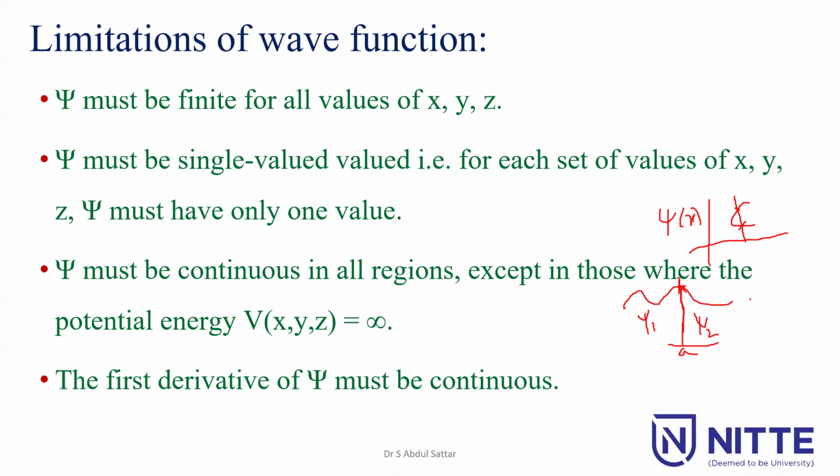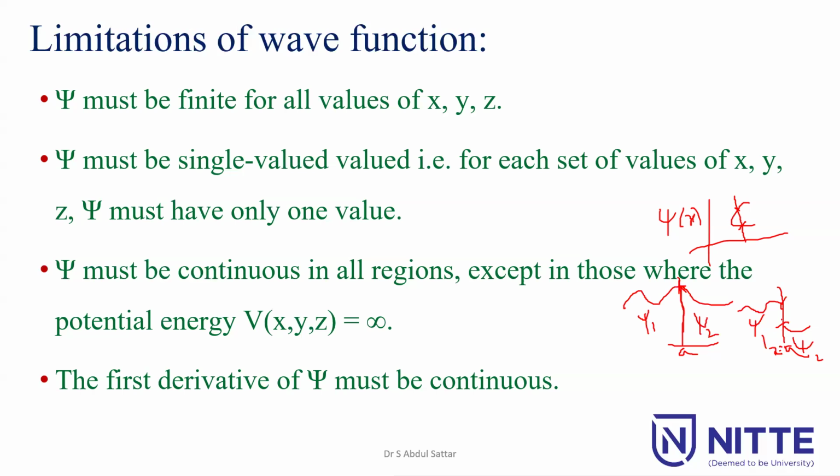That is allowed. And if the situation is like this, suppose this is psi 1 and here this is psi 2, then at this boundary, at x equal to a, here this is the psi 1 value and here the psi 2 value at the same value of x.